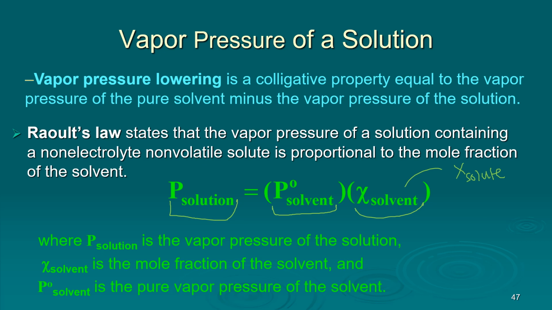So as X of solute gets bigger, it's going to lower the vapor pressure more. As the mole fraction of solvent gets smaller, the vapor pressure gets lowered and lowered more. And remember that mole fraction is always less than 1, so P solution will always be less than P solvent.